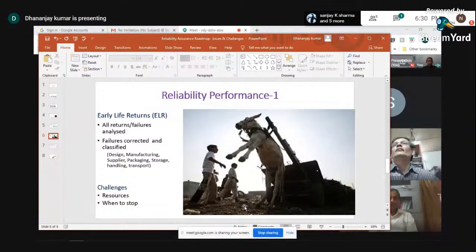Any failures or any dissatisfaction expressed by the customer, that product has to come to the designer's table for thorough failure investigation before you conclude whether it was due to design, manufacturing, a supplier, or the packaging. Sometimes it takes quite long, but if you provide enough resources, we come to the conclusion very fast, and then we correct those errors also.